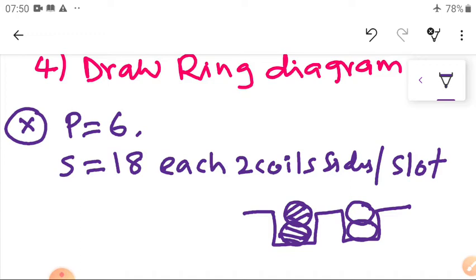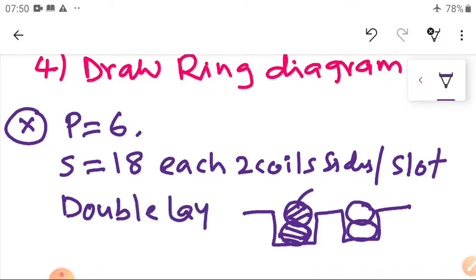Now, it is obviously a double layer winding. So as you know, this is the top and this is the bottom. The top one you draw solid and the bottom one you draw dotted, for easy drawing purpose.